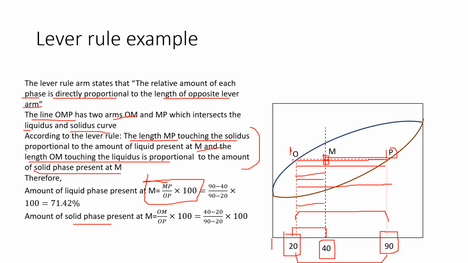In the book Engineering Materials, the same example is given for the copper-nickel phase diagram. Some examples are given. We will explain this further.